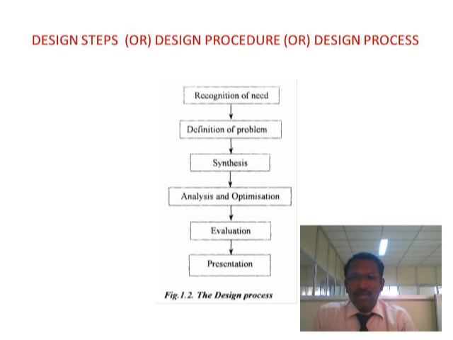After that, we have to go for synthesis. Synthesis means the collection of ideas or modifying the existing ideas, or developing a mechanism to carry out the design. That is synthesis. Then analysis.